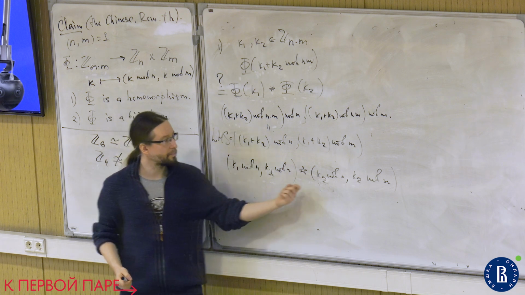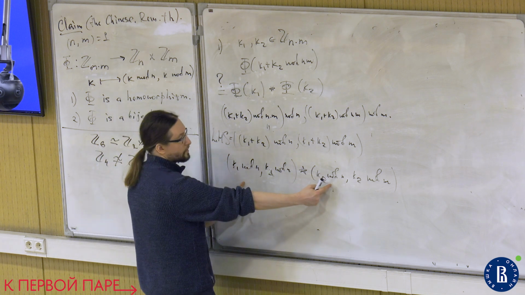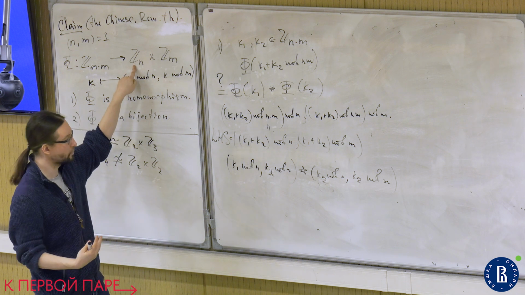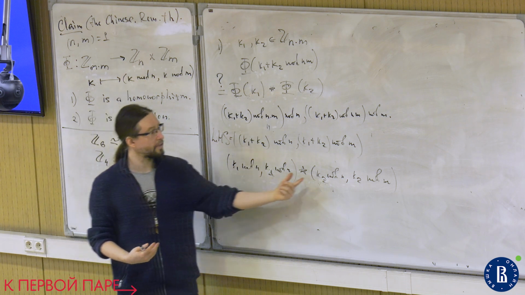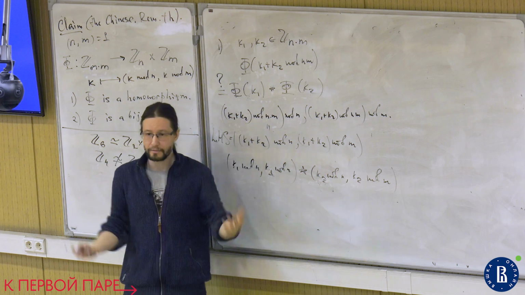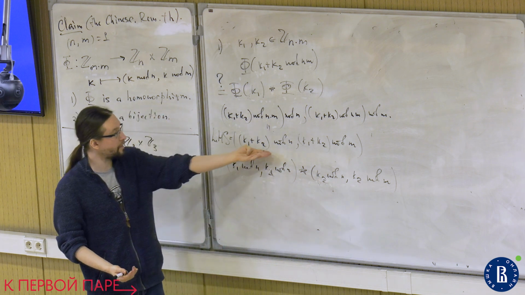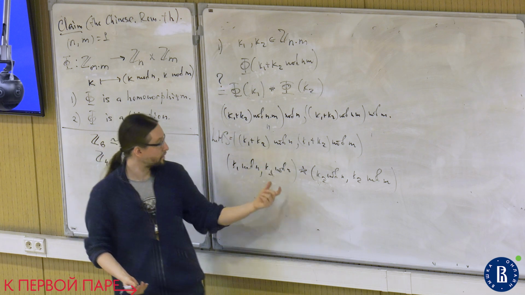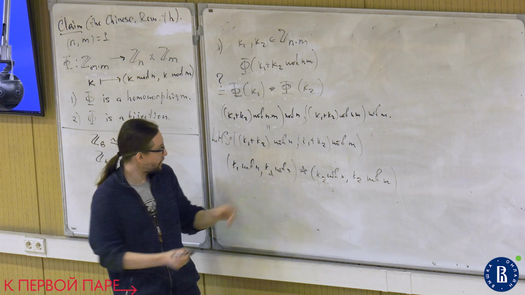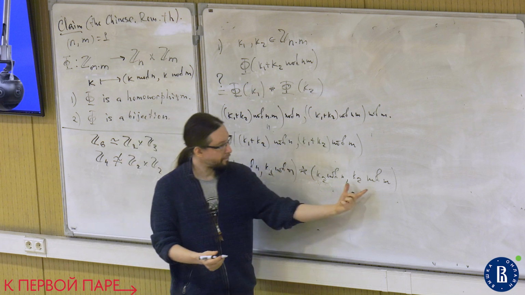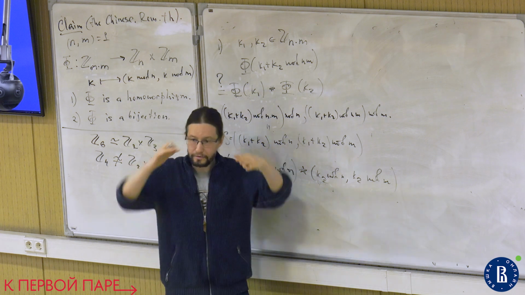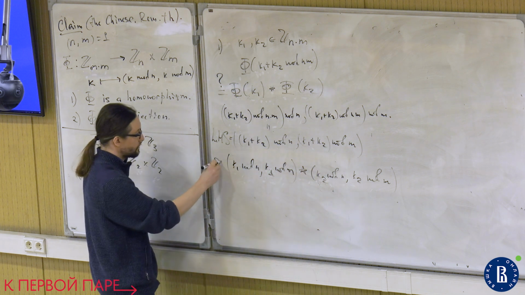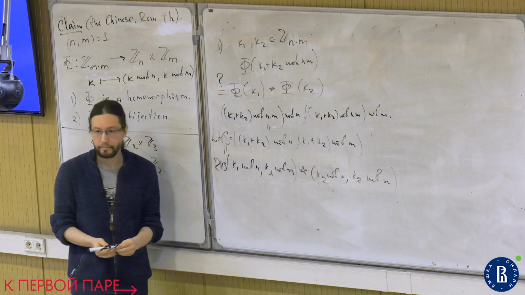Now, how do we apply the operation? We just take the first coordinates and apply the operation from the first group. So here we need to apply addition modulo n. So k1 modulo n plus k2 modulo n, and then the result modulo n is the same thing as k1 plus k2 modulo n. And again, if we take k1 modulo m plus k2 modulo m, and then the result modulo m, we will get exactly the same. So this is the right-hand side, and they are the same.